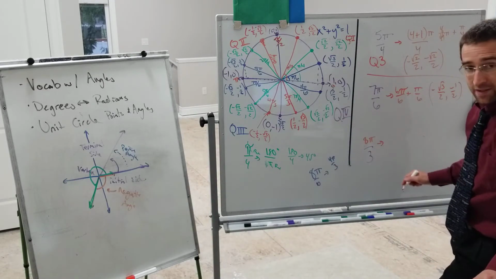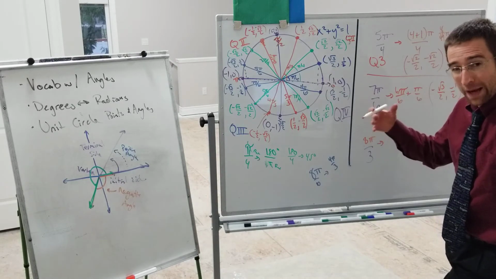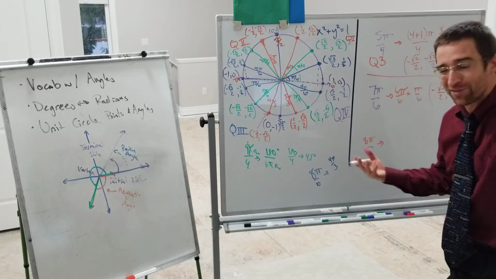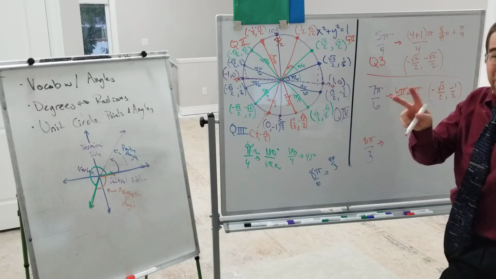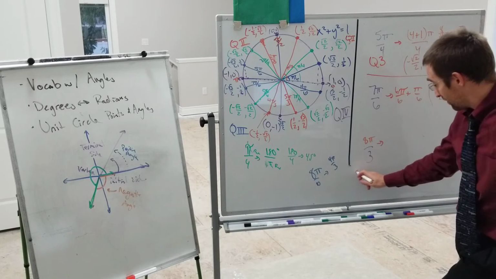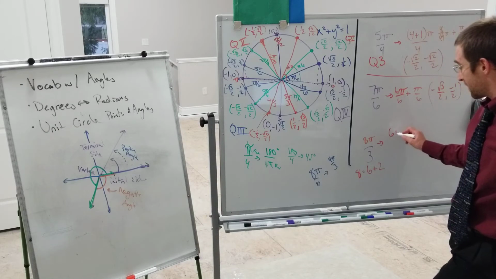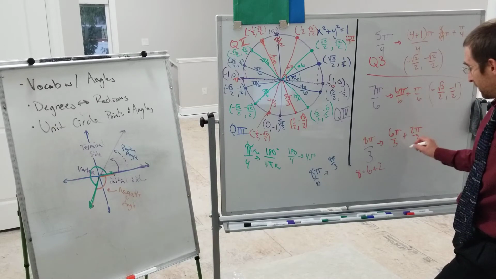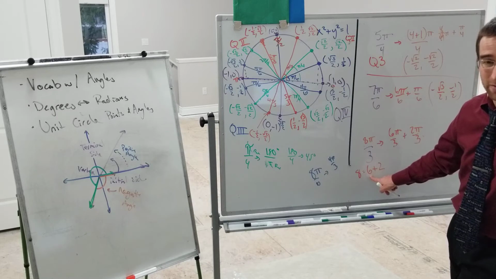If we try to figure out how much more than a single pi, or maybe 2 pi, it is, basically how many times does 3 go into 8? 3 goes into 8 2 times with remainder 2. So 8 is 6 plus 2. So we have 6 pi over 3 plus 2 pi over 3. The reason I chose 6 plus 2 is because 3 goes into 6.